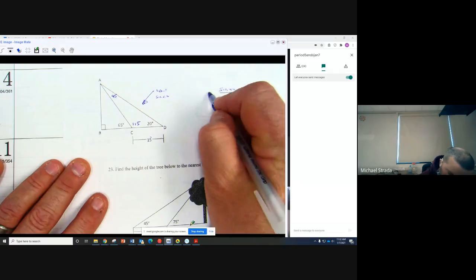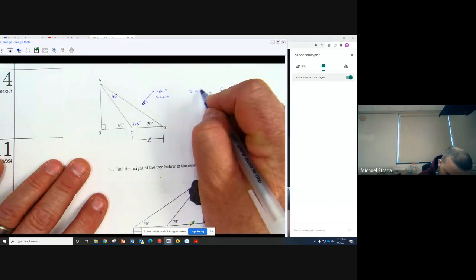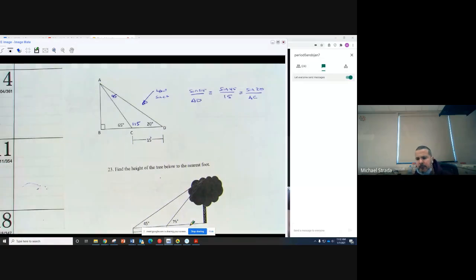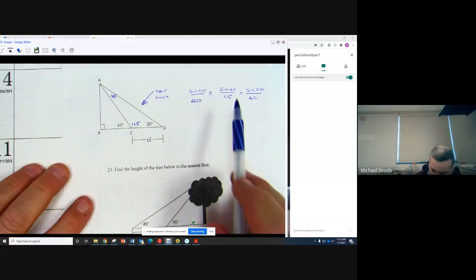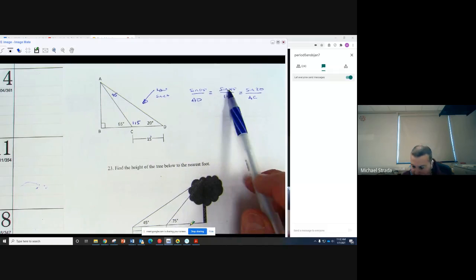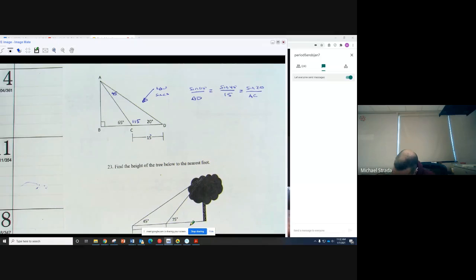On the other side, I'm going to put the other angle, so sine of 115 over AD. I'm going to cross multiply 15 sine 115, divide that by the sine of 45.